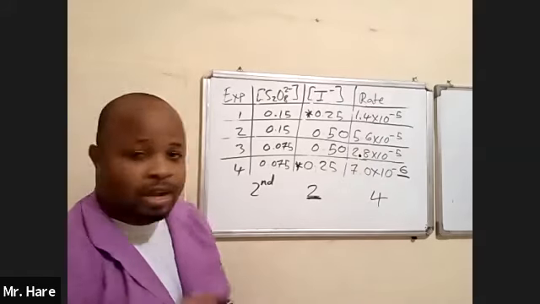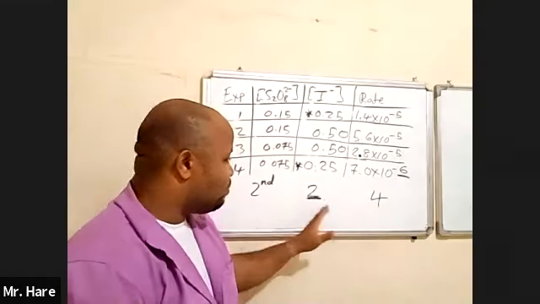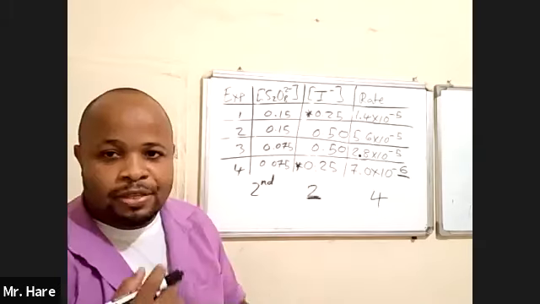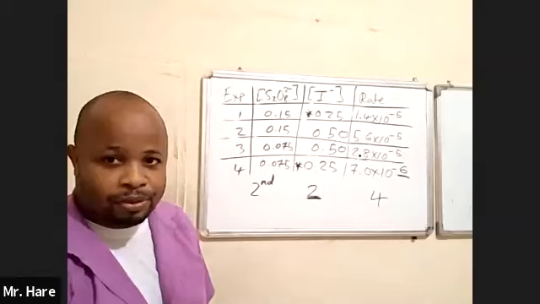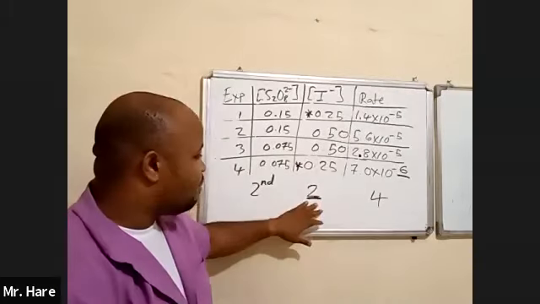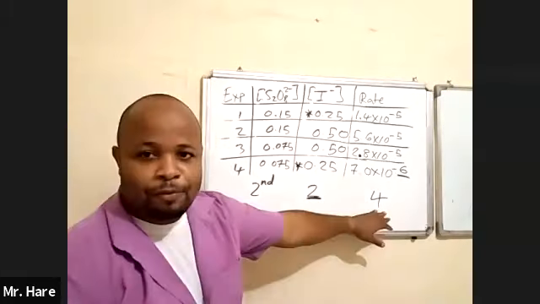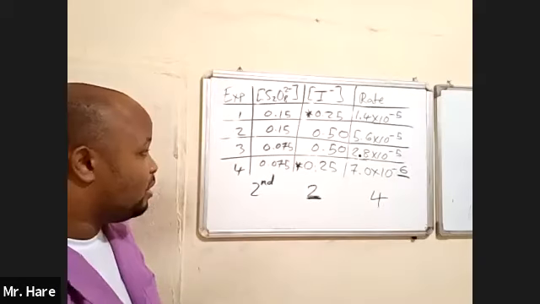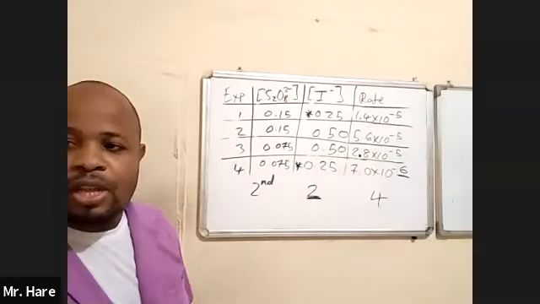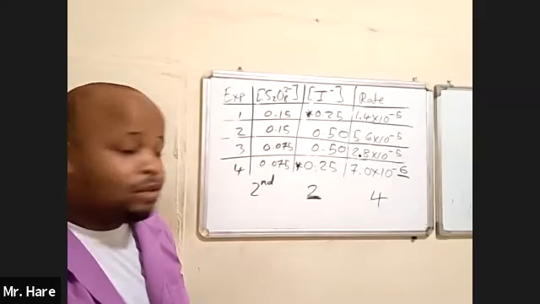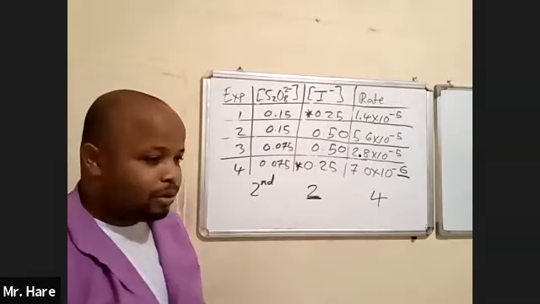So when you get your answer, you have to compare the two of them so that you can see the relationship. Once you get that, it's good. So we see that this changed by a factor of 2, this changed by 4, so it is second order. Any question? If you don't understand how to interpret the table, because more than likely, once rates come, you will see a table.